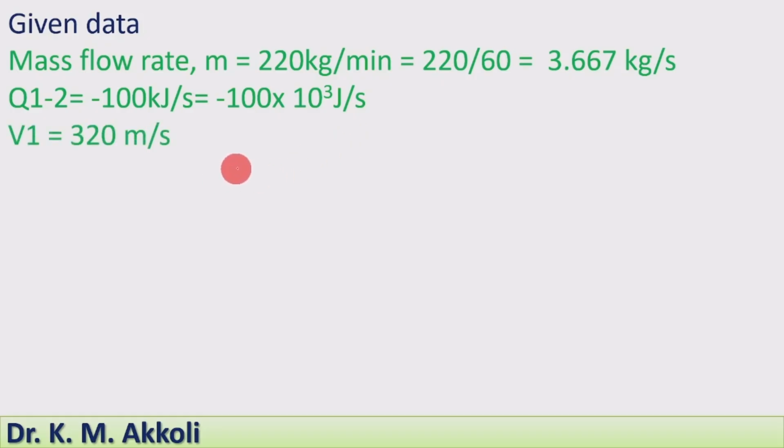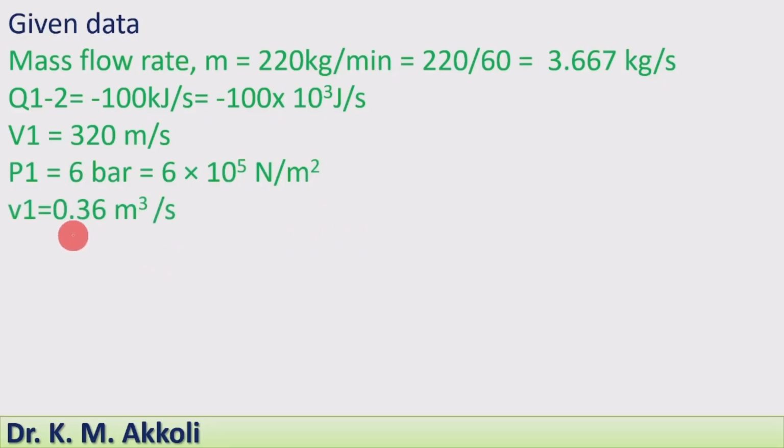Velocity at section 1, V1, is 320 meter per second. Pressure at section 1 is 6 bar, that is 6 into 10 raised to 5 Newton per meter square. Specific volume v1 is 0.36 meter cube per kg at section 1, and internal energy U1 is 2000 kilojoule per kg at the inlet.